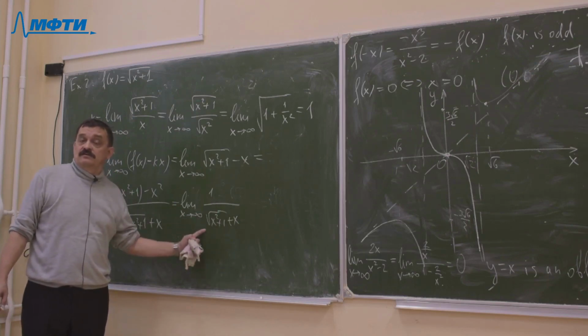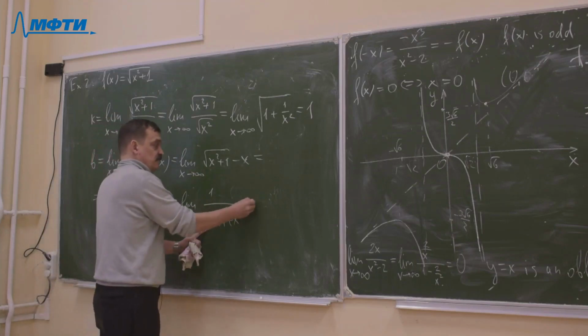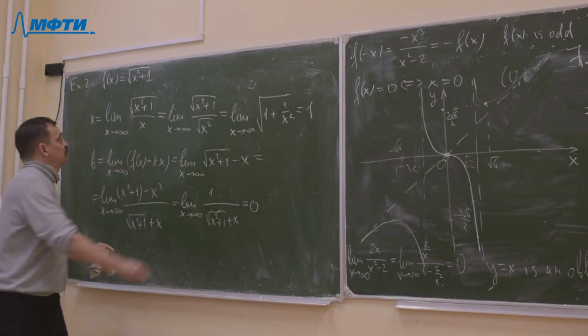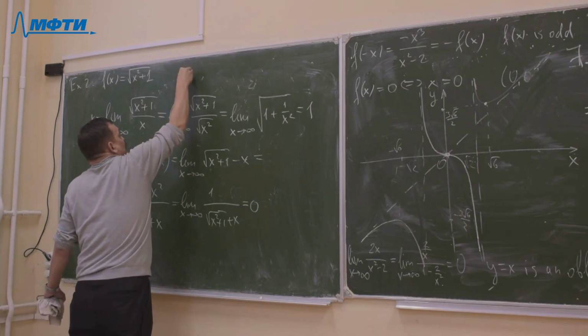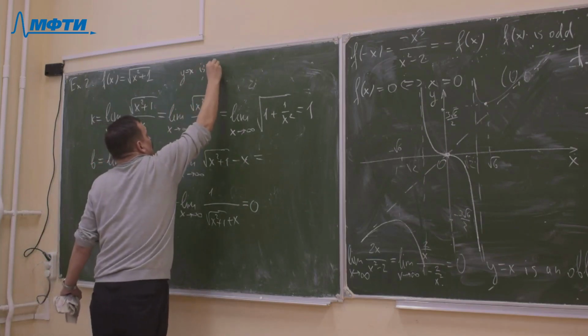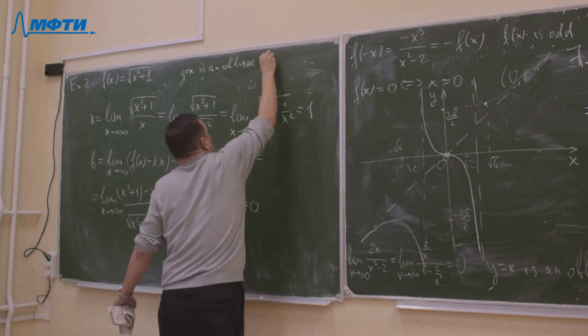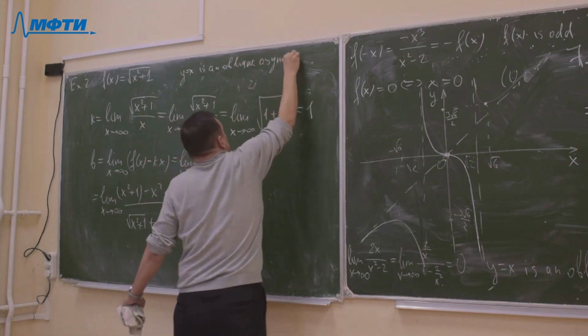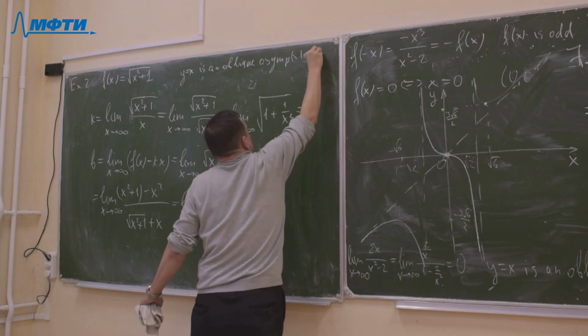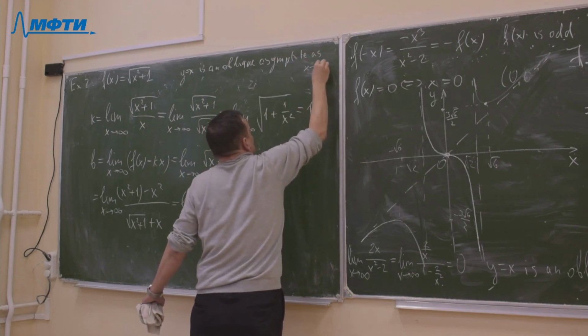Hence the denominator tends to plus infinity as well, so it's 0, right? So it means y equals x is an oblique asymptote as x tends to plus infinity.